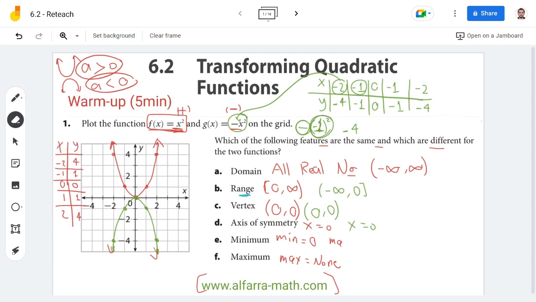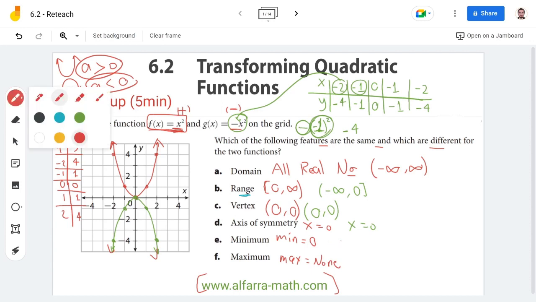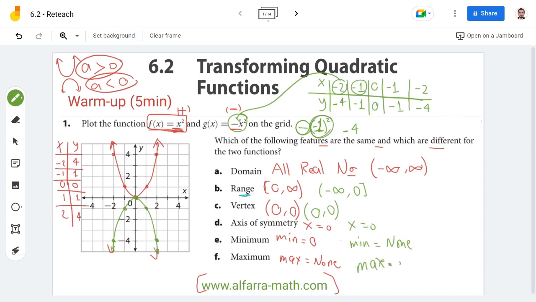But for the green one, the minimum of the green graph is none because we have no minimum, but the maximum is equal to 0.